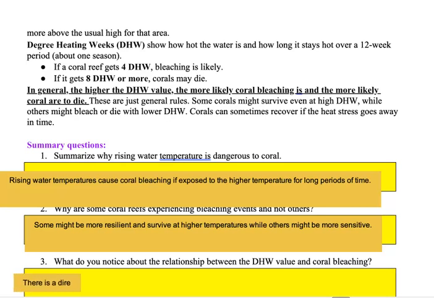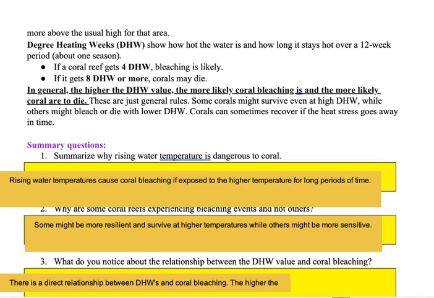There is a direct relationship between DHWs and coral bleaching. The higher the number, the more damage or death.